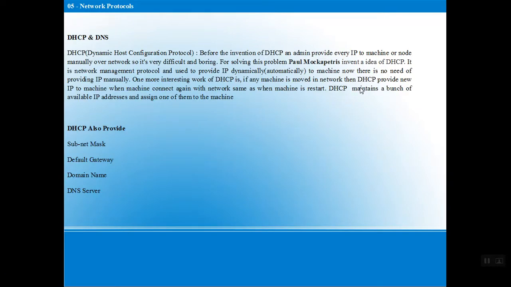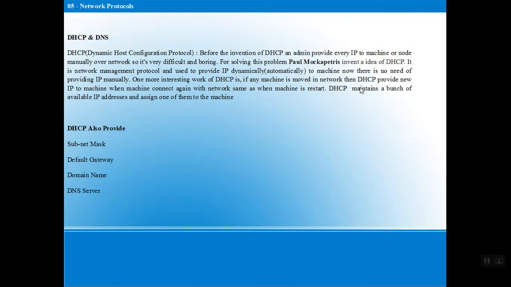As you know, DHCP is Dynamic Host Configuration Protocol. The basic task of a DHCP server is to provide IP addresses to its clients automatically without user intervention. So the user need not specify an IP address for each and every client in the network.